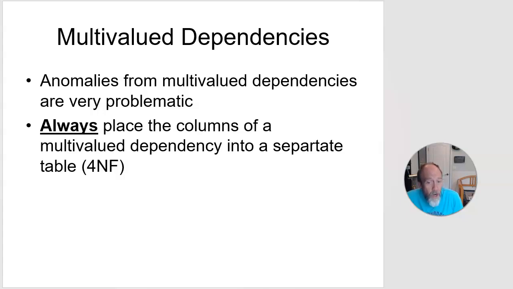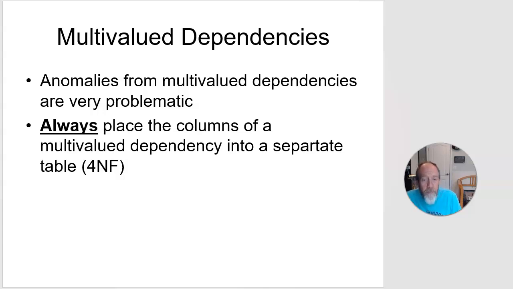Is there 1? Is there 2? Is there 3? Are we going to call it phone 1, phone 2, phone 3? Are we going to keep track of maybe cell phone and work phone and home phone? Decisions, and those are design decisions. And how do you make those design decisions?